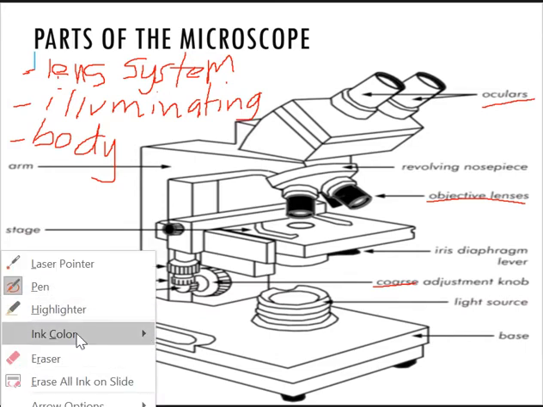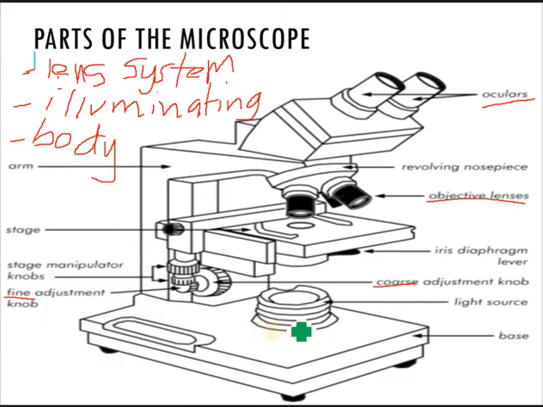Now, let me change the color. Let's choose green. This will be your illuminating system. It contains your light source, your condenser, and your iris diaphragm.